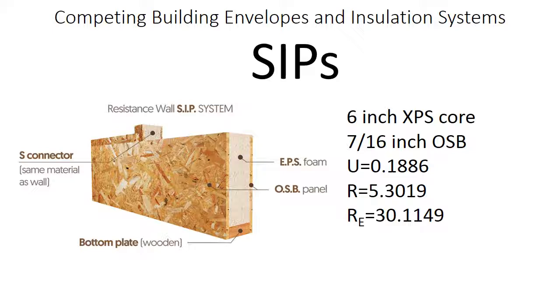Typically it's XPS foam, even though this graphic shows EPS, and XPS stands for extruded polystyrene, but other varieties of plastic foams are available. In our instance, we used a 6-inch XPS core with 7/16 inch OSB sandwiching on either side. Notice its U value is lower than the ICF, and so its R value is higher, and it comes in at about a 30.